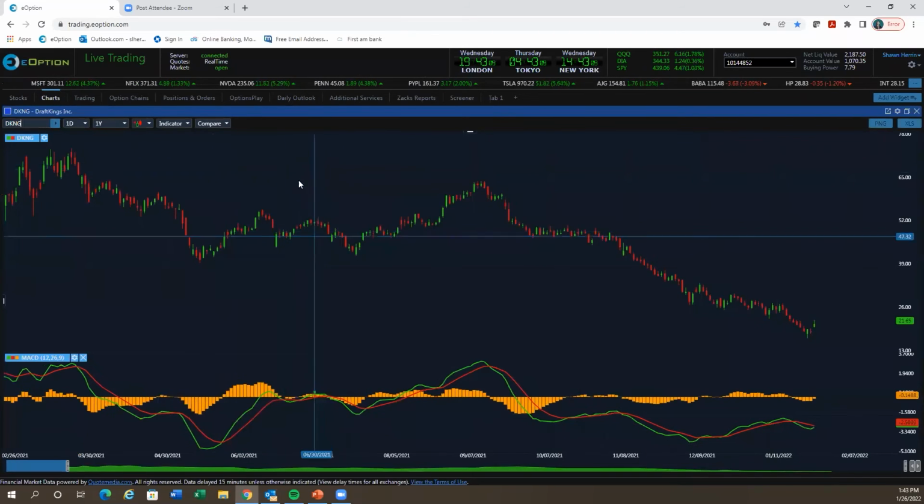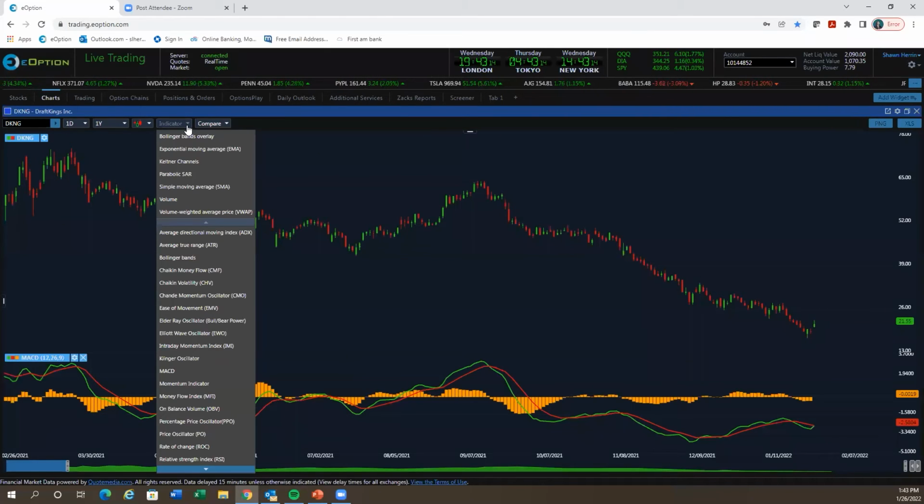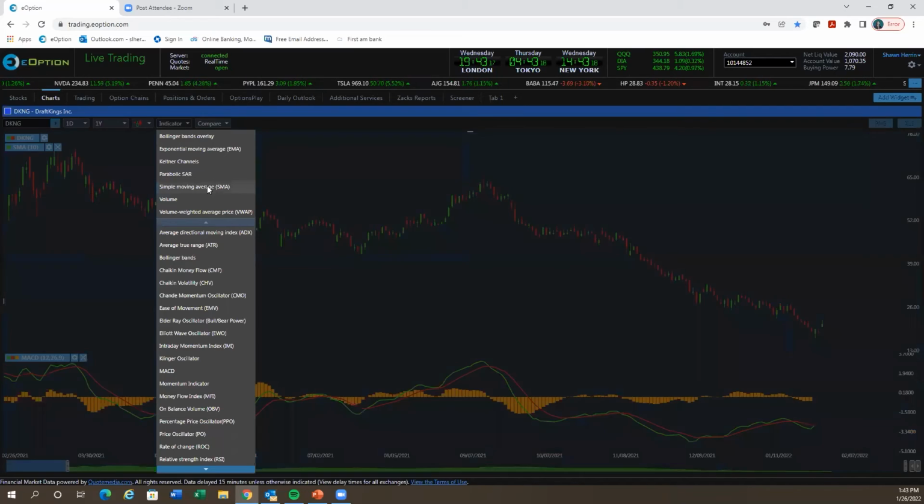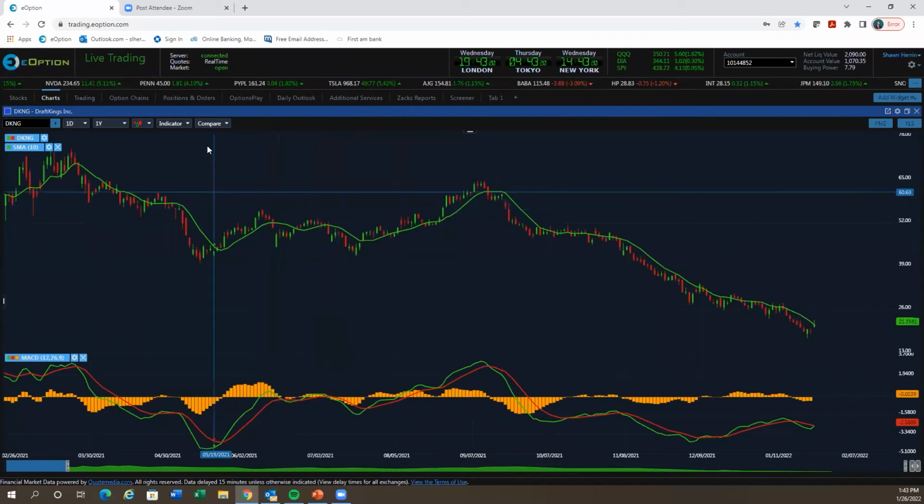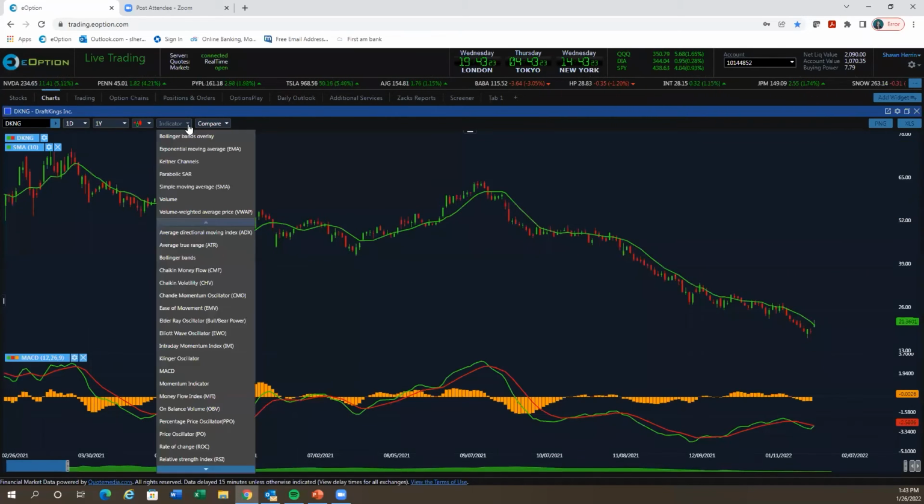And to get some of the information that Teddy was looking at, you can come to this drop down for indicators, and for example, the moving averages, I can create my own moving averages and multiple moving averages.